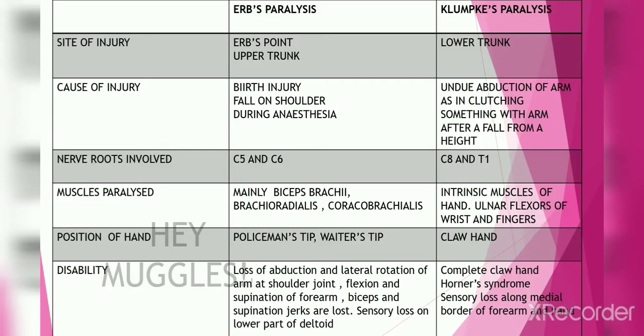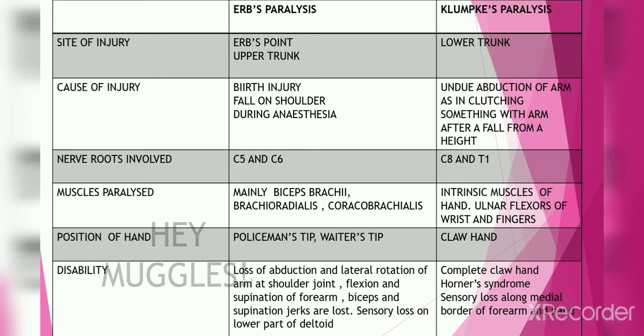So coming to the disability of Erb's paralysis. In Erb's paralysis, the arm is adducted and medially rotated because the muscles which oppose these actions are paralyzed. There is adduction of the arm due to paralysis of your deltoid muscle, right?